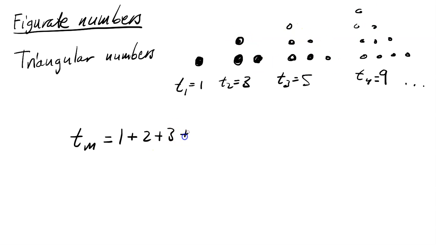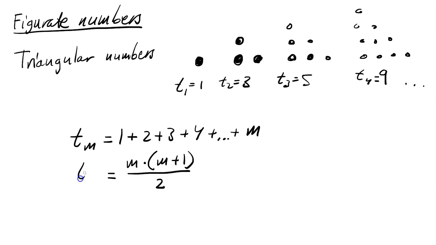So you just add them up like this until you come to the nth. However, this can be a very long explicit formula, but it can be shown that this long sum can be written as this. So this is an explicit formula for the triangular numbers.